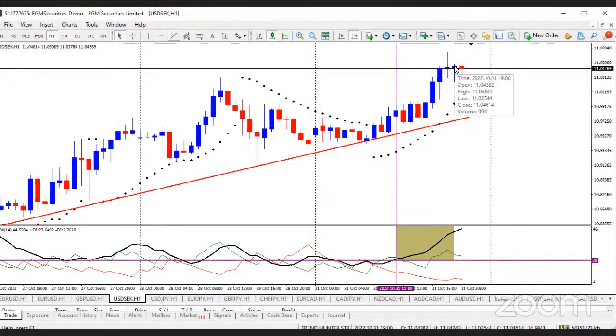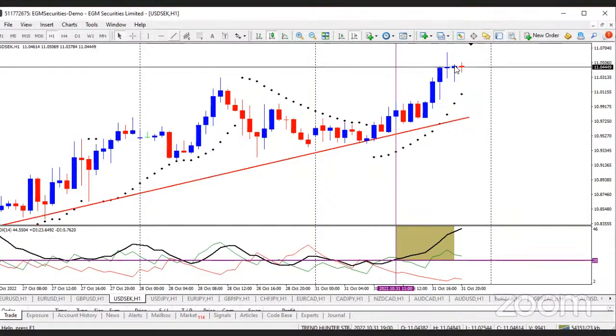The only caveat is to ensure that once you have spotted an opportunity, that opportunity aligns with the prevailing fundamentals. If you have any events happening later on, you may opt to forgo that setup in order to ensure that you're not caught on the wrong side once that data has been released. So basically, that's how you can use the average directional movement index to trade.